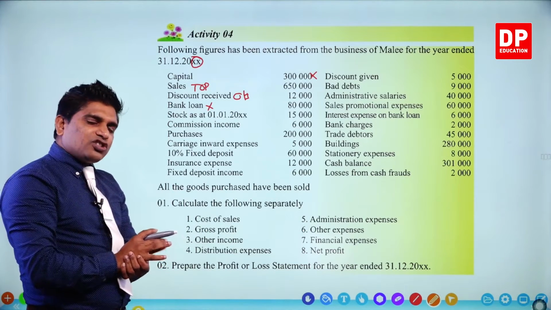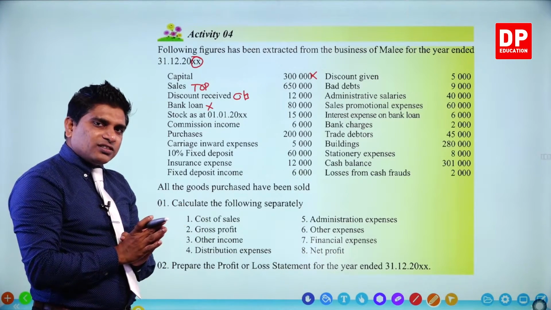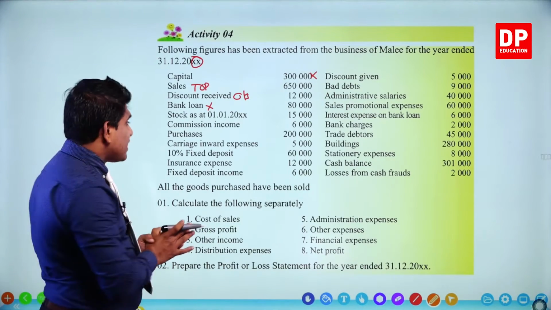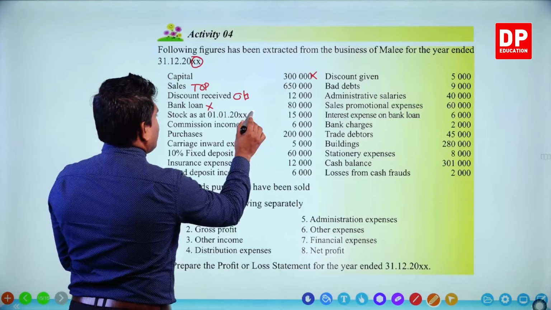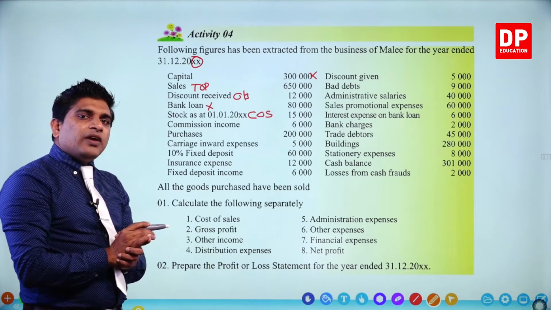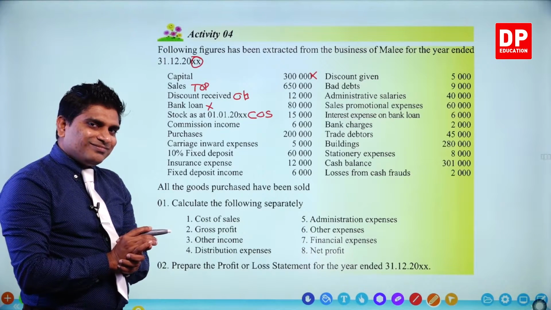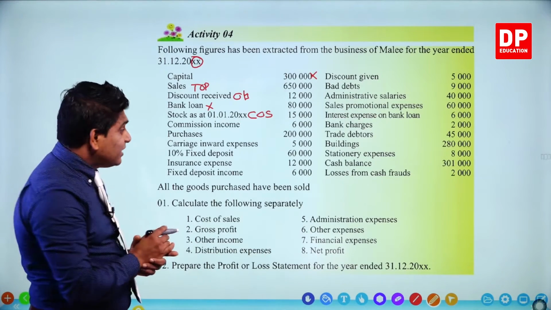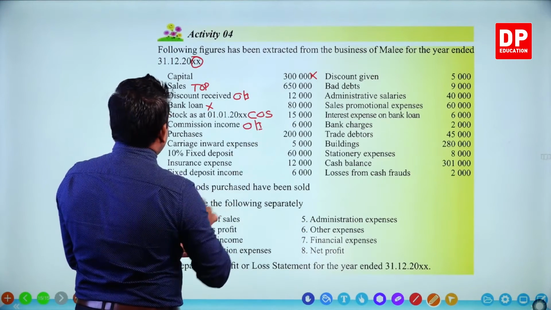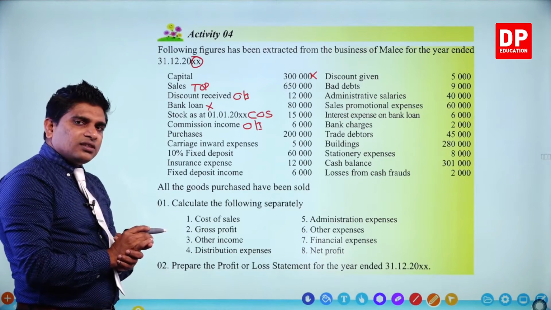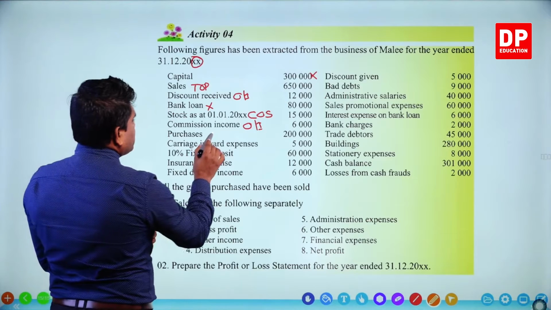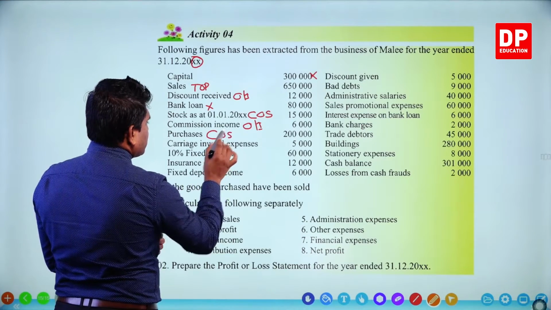Stock as at 1st of January means opening stock, which we put to calculate cost of sales. Commission income, other income, after the gross profit. Now purchases, we also use to calculate cost of sales.